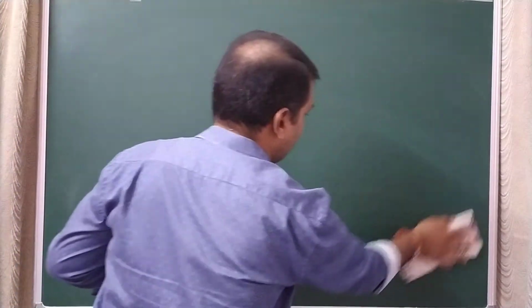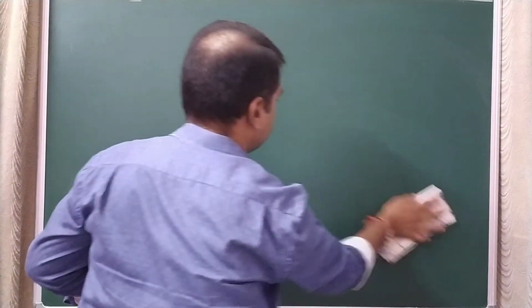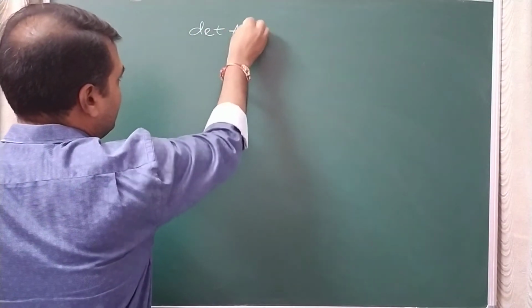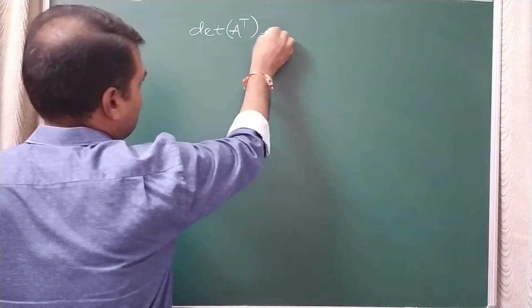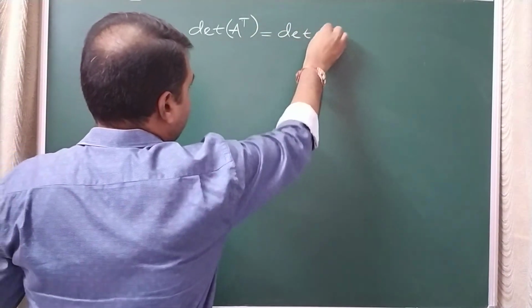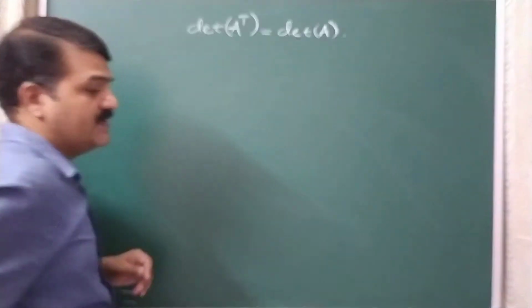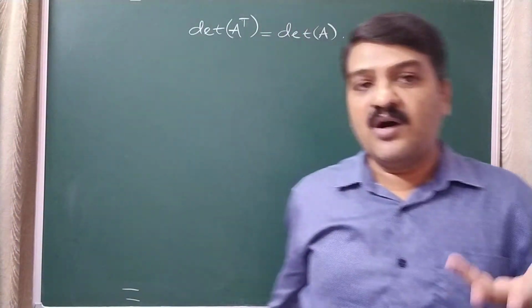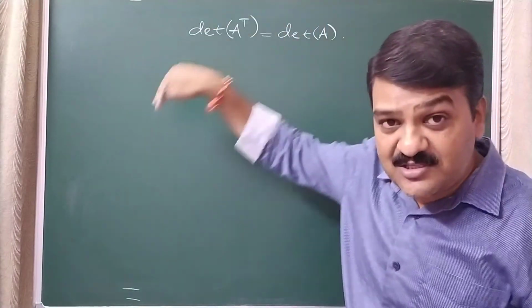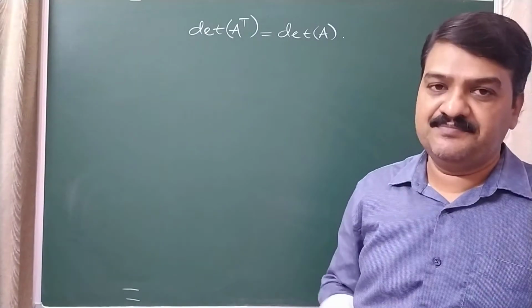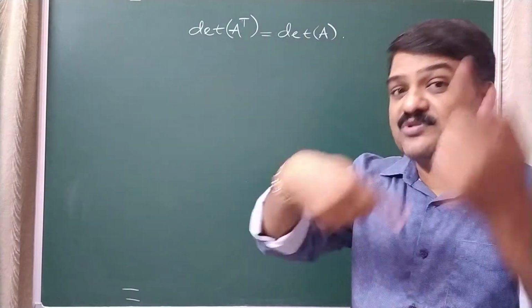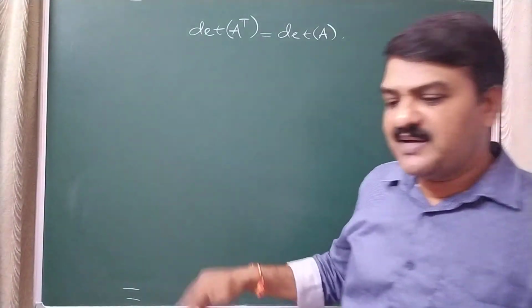The determinant of A transpose is the same as det A. It means if you find the determinant of A or find the determinant by transposing it, both will be the same. You will get the same answer.